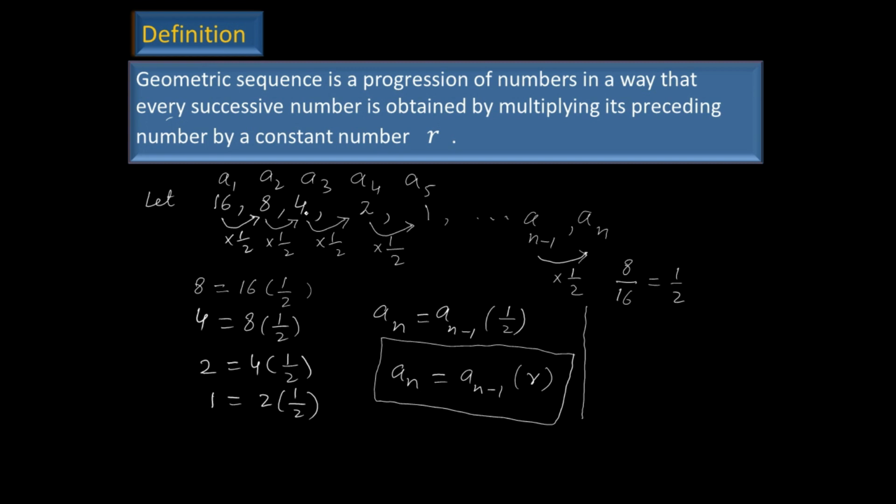And if we divide the third term by the second term, we are getting 1 by 2. And if we divide the fourth term by the third term, again we will be getting 1 by 2. So these are the same. After division we are getting the same number, and this is known as r, and we say this r is the common ratio.